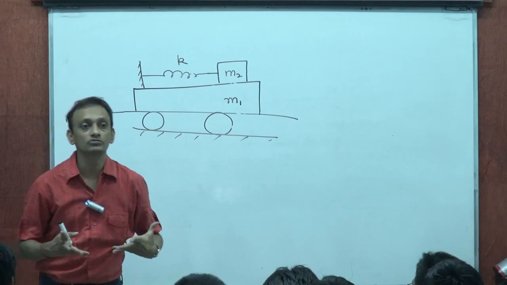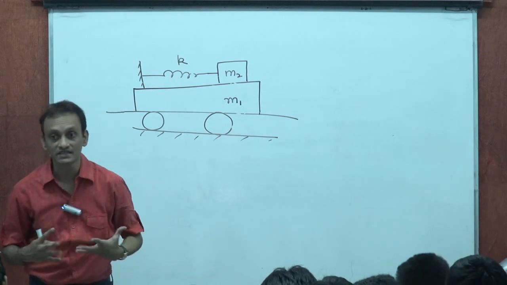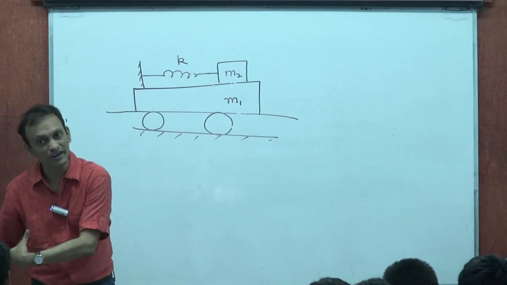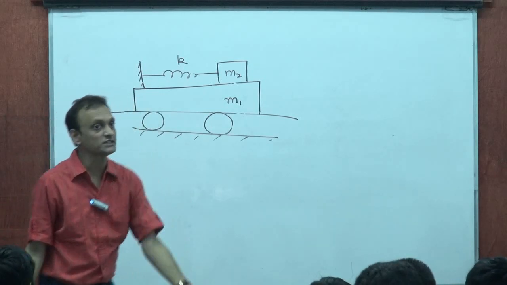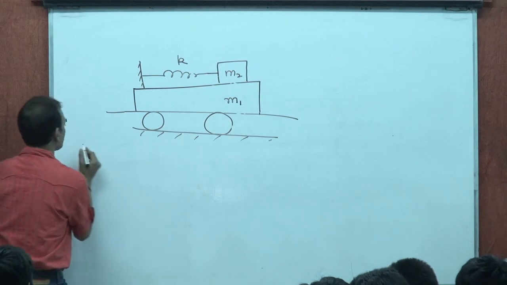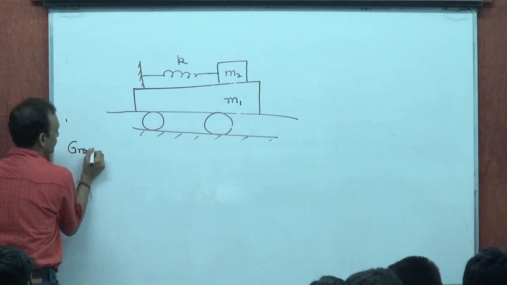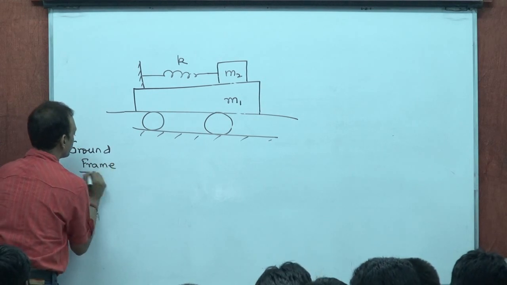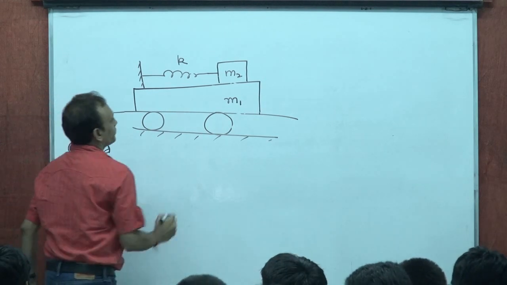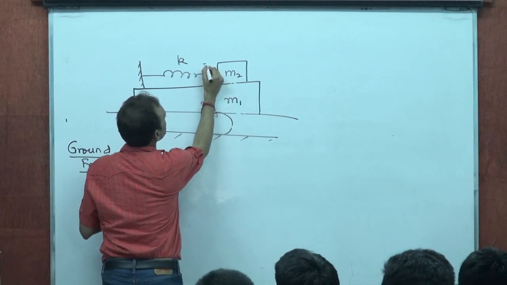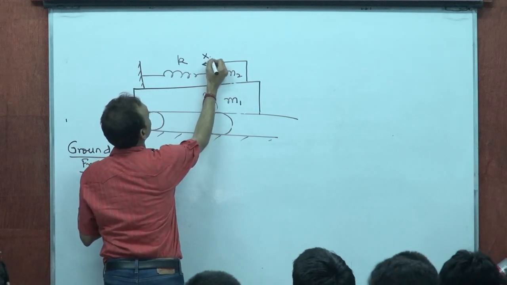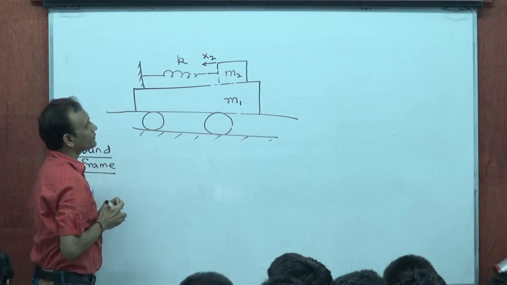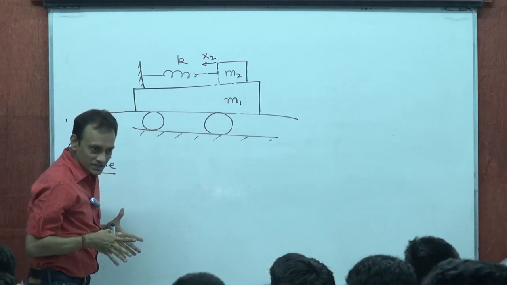Let's see what happens to the motion of M1. Let's examine what would happen to the motion of M1 in the ground frame. Let's say when this moves by an amount x2 as seen by the ground observer, then do you realize that there are no external forces acting on the system?